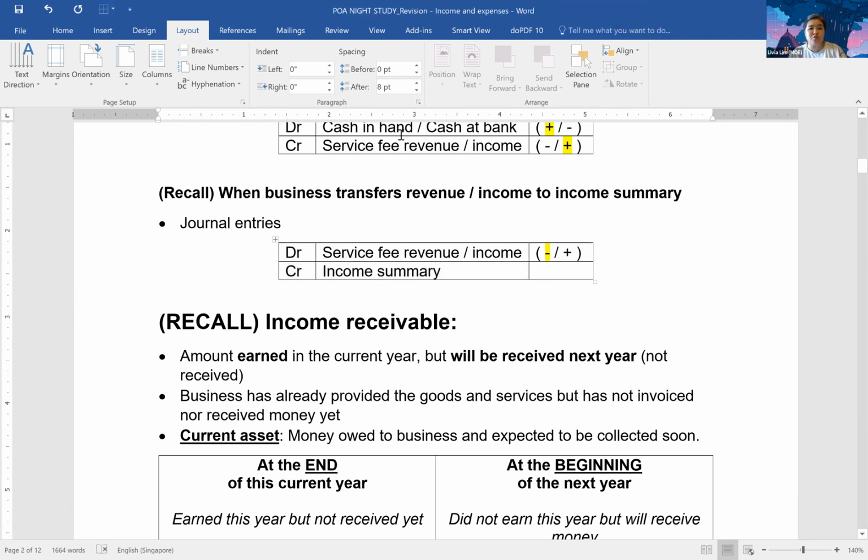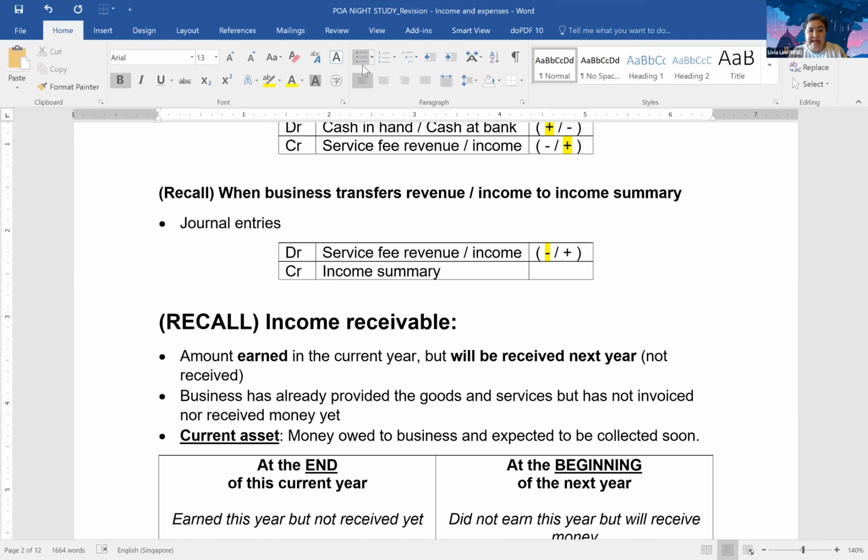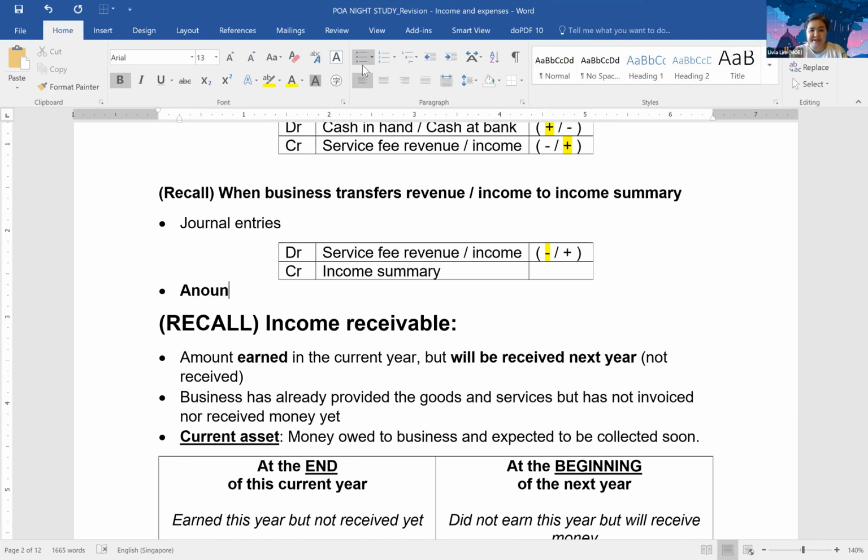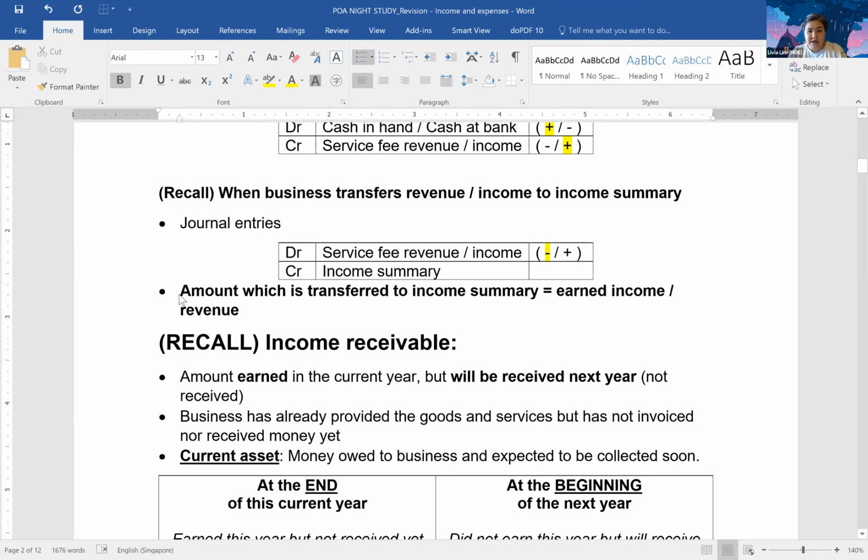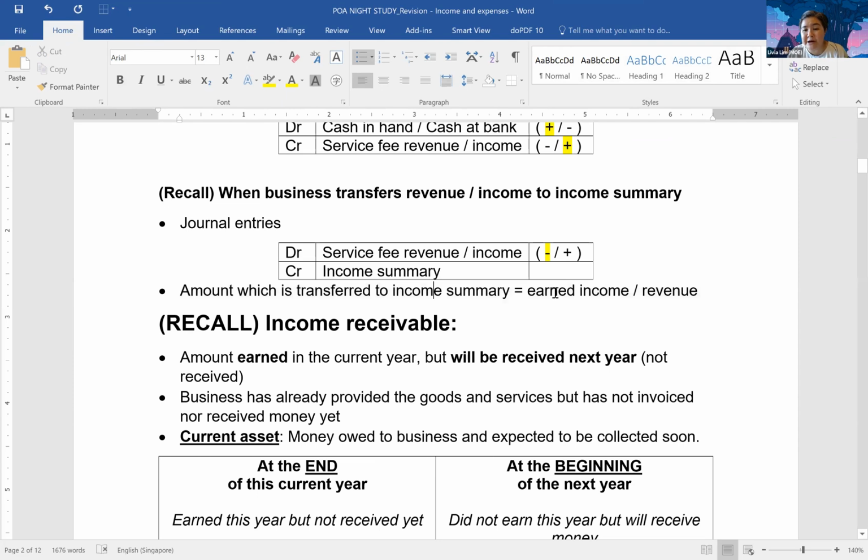Now, another thing that you will need to remember is what is the amount that is transferred to income summary? This is actually the earned amount, the earned income. Only the amount that is earned is transferred to the income summary. If it's not earned, it is not transferred.